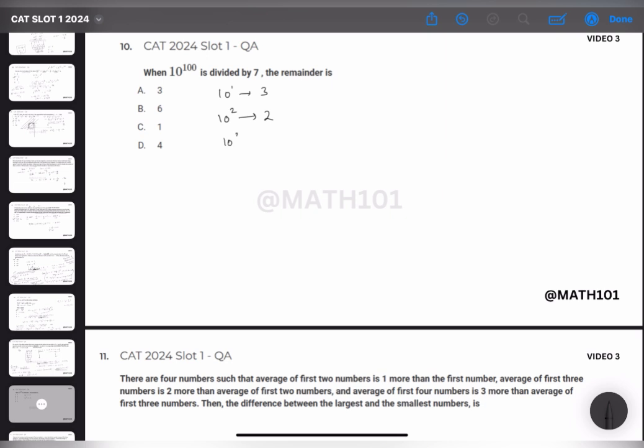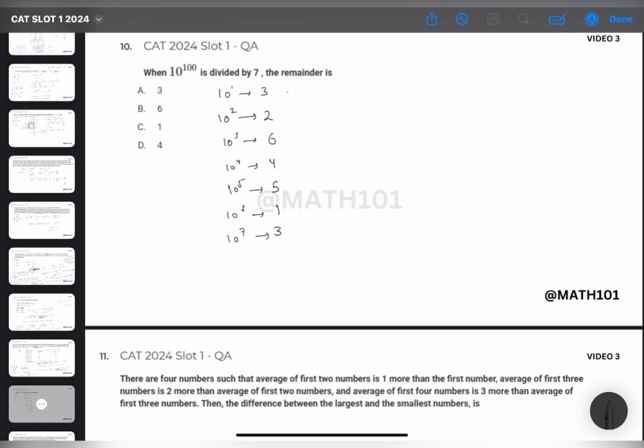And 10 to the power of 3 leaves the remainder... again we'll check for 2 into 10, 20, divided by 7 leaves the remainder 6. 6 into 10, 60 divided by 7 leaves the remainder of 4. 40 divided by 7 leaves the remainder of 5. 50 divided by 7 leaves the remainder of 1. 10 divided by 7 leaves the remainder of 3.